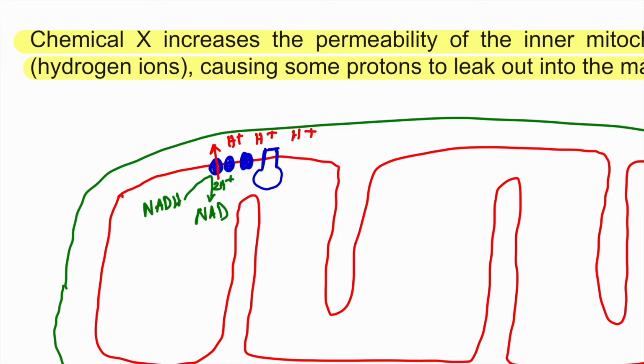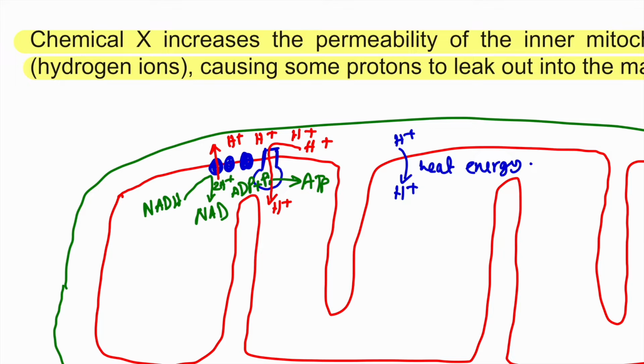When those hydrogen ions come down the concentration gradient through the matrix, that energy is used for combining ADP and Pi into ATP. So if the H plus ions are able to come from the intermembrane space into the matrix directly, this is going to release heat energy.